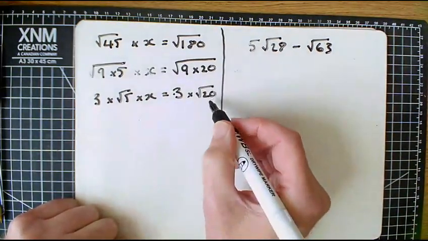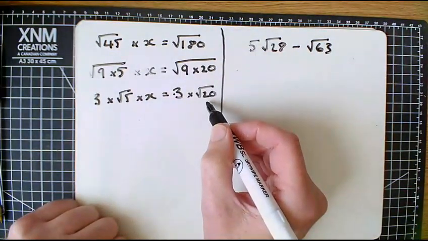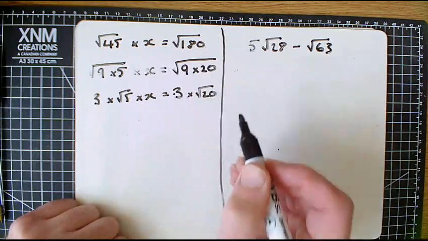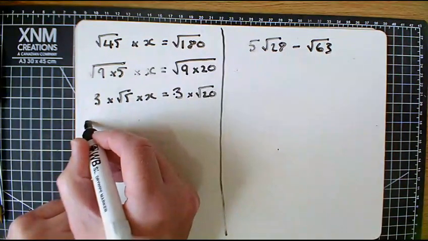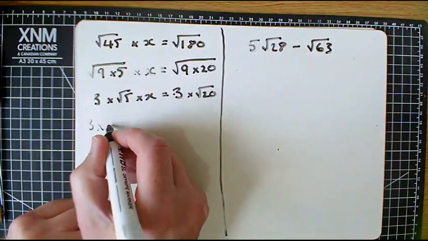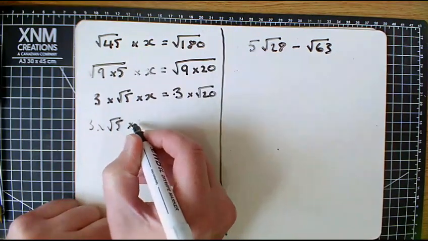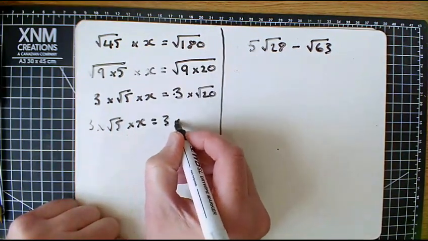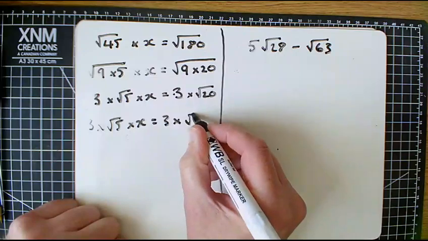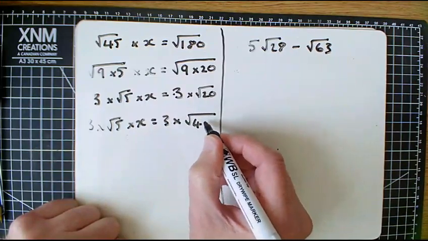Now, one thing I've noticed is the square root of 20 can actually be simplified even further. So I could write this as 3 times the square root of 5 times x is equal to 3 times, now the square root of 20 I could write as the square root of 4 times 5.